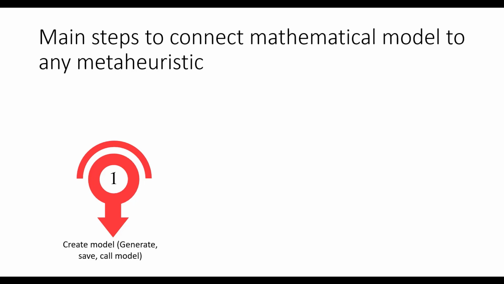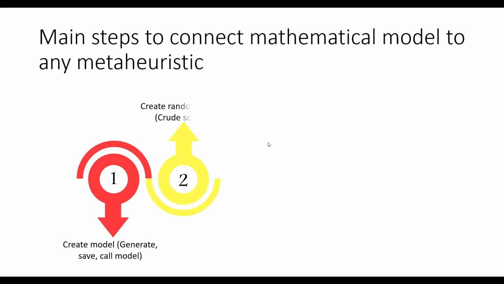For example, if we wanted to solve TSP, the traveling salesman problem, one of these parameters is the cities, and another would be the distance between any pair of cities. So these parameters should be created and saved, and this would be done in the first step.